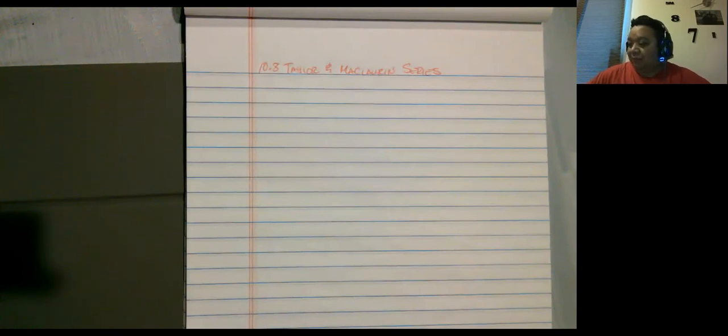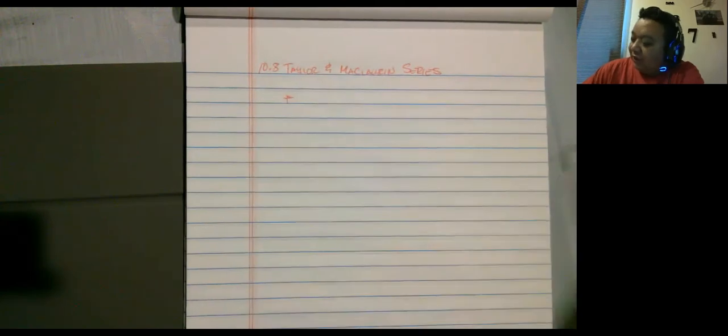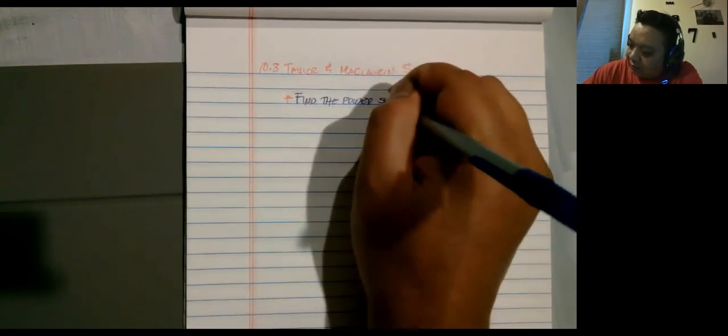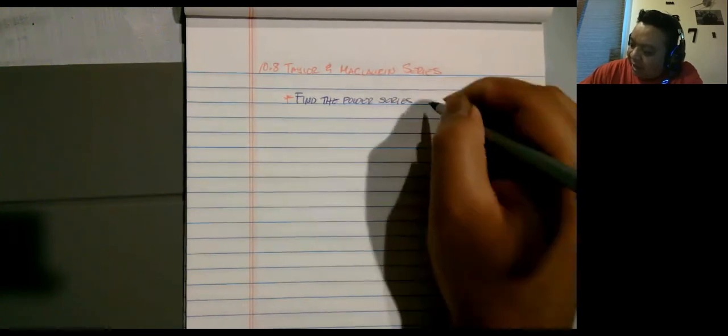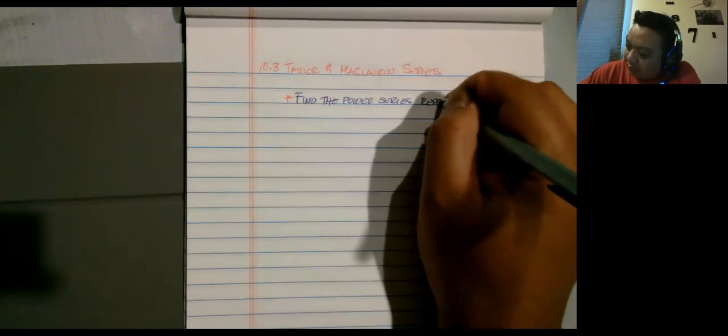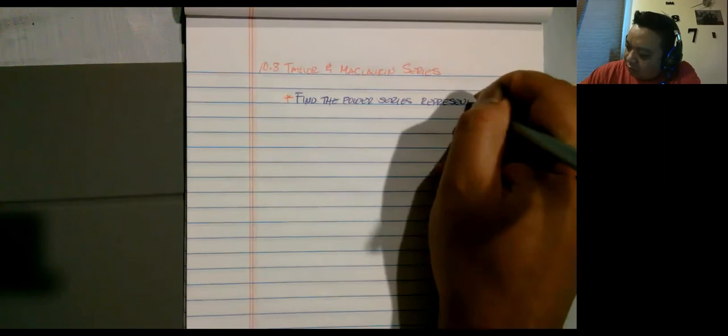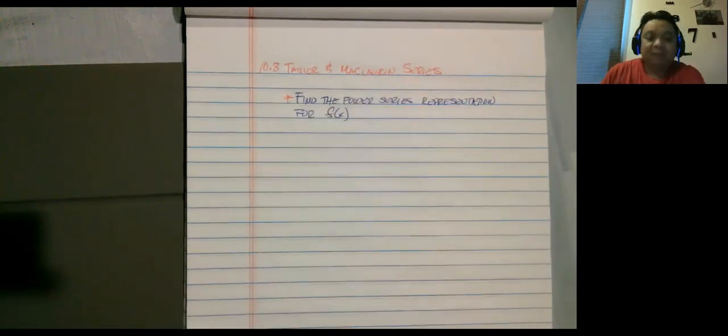I just want to do a few more examples of last time's, what we were using, but the idea is we were trying to find the power series representation for f of x. Right?